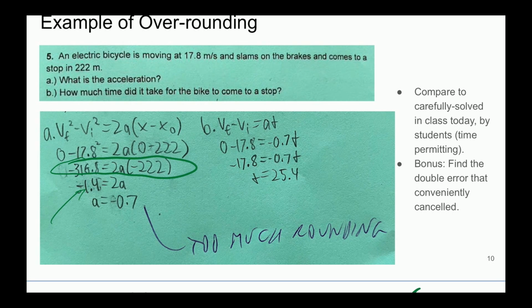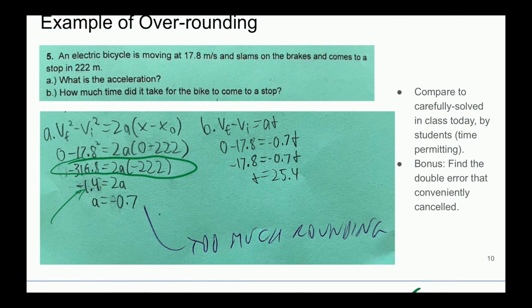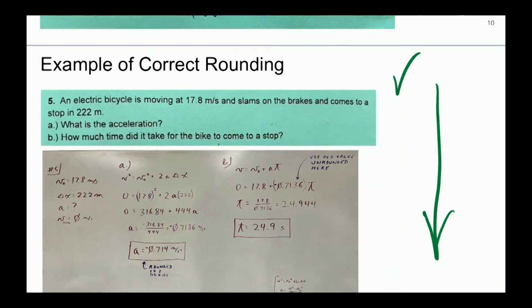That's too much rounding. If you do that much rounding, you're going to lose information and you are at risk of getting the wrong answer. Okay, let's come back to this student. There's actually an extra mistake in this calculation, which is not worth worrying about. I'll let you find that if you're curious, but what's most important is that too much rounding is a problem.